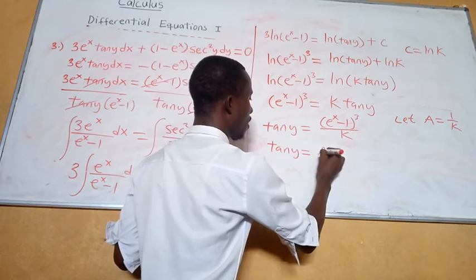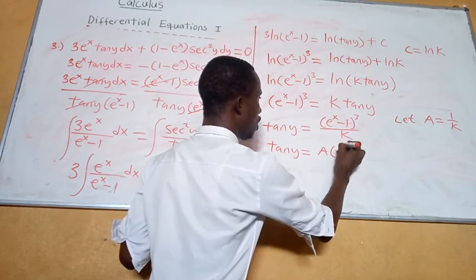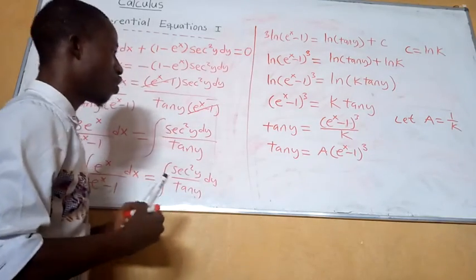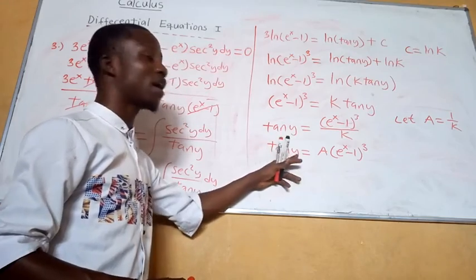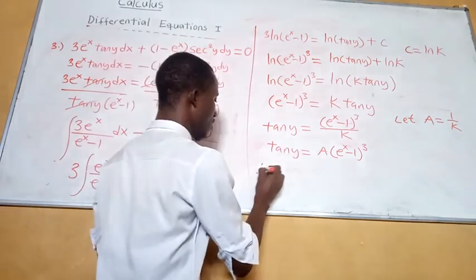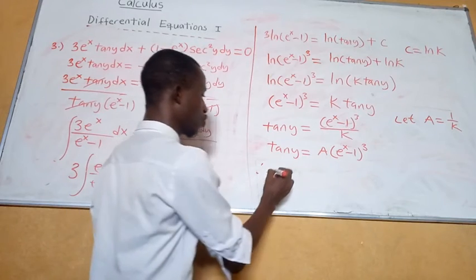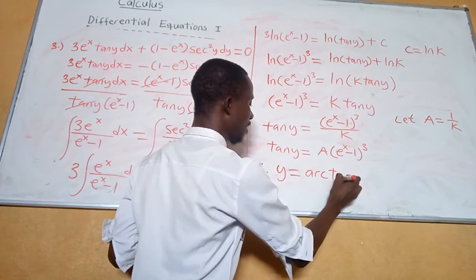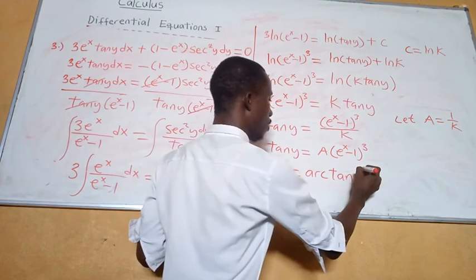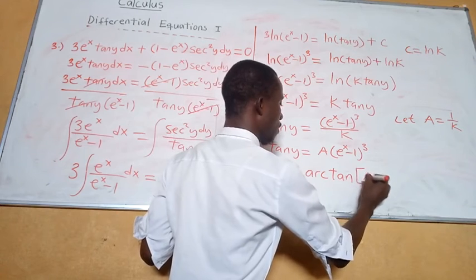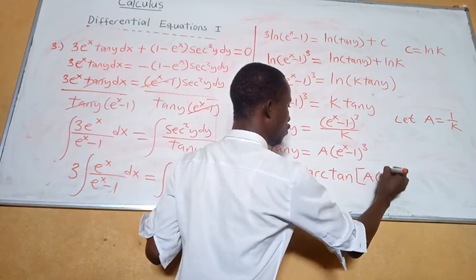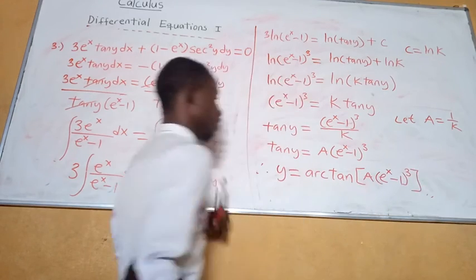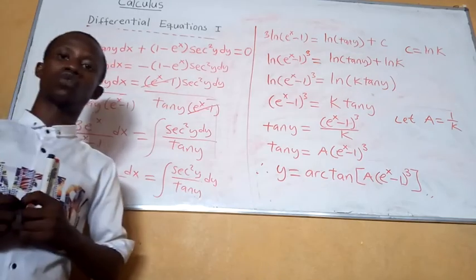Now we have tangent of y equal to a times (e^x minus 1) cubed. Here we can take the inverse, or the arctangent, to find y. So our general solution is y equal to arctangent of a times (e^x minus 1) cubed. So this is our general solution.